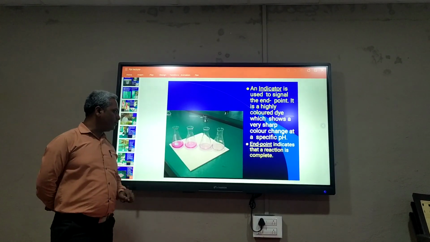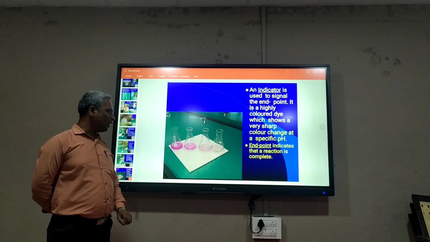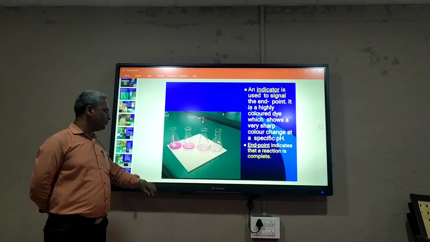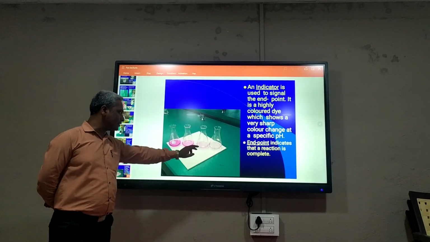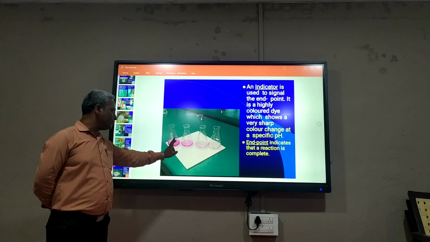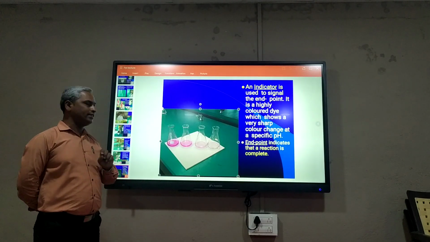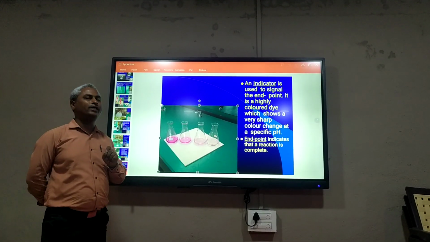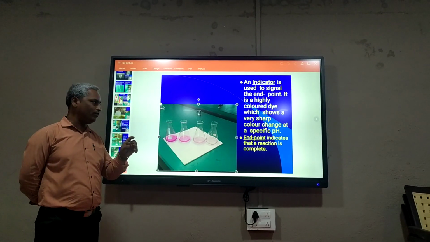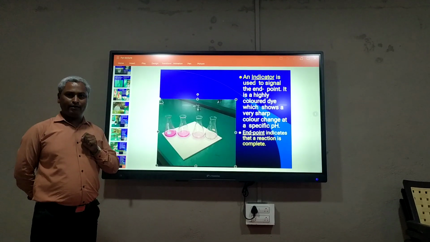This is the end point showing: this is the first conical flask, then second, third and fourth. The fourth one has the proper color for the end point. What is the end point?